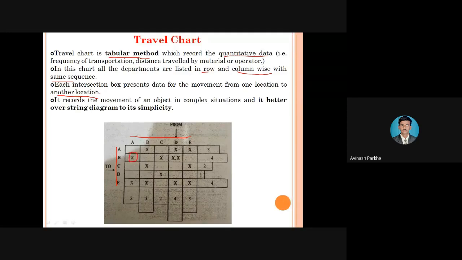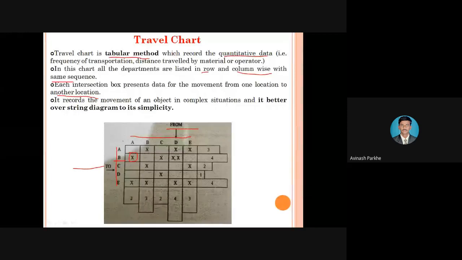So what that particular X represents is that from machine A, your material is moving to machine number B, or from machine B, your material is moving to machine number A. From or to, therefore here at the top it is written as from, and here it is written as to, and in between A and B there is an X written.